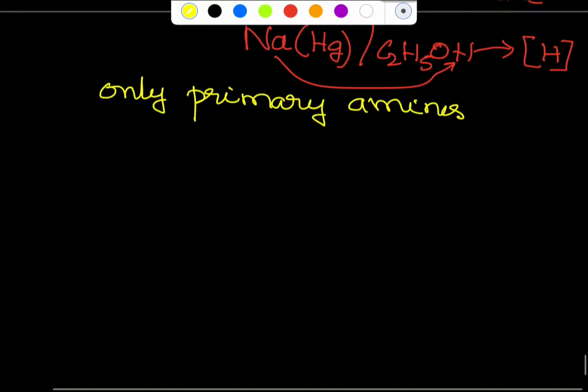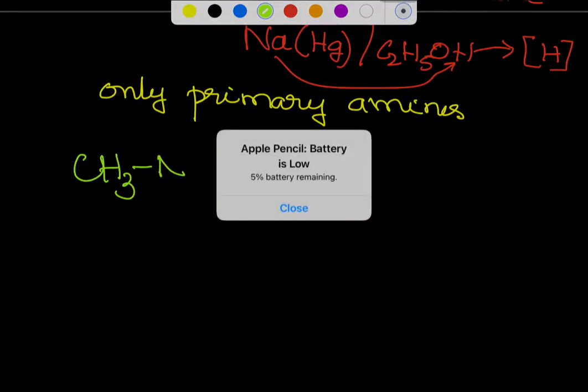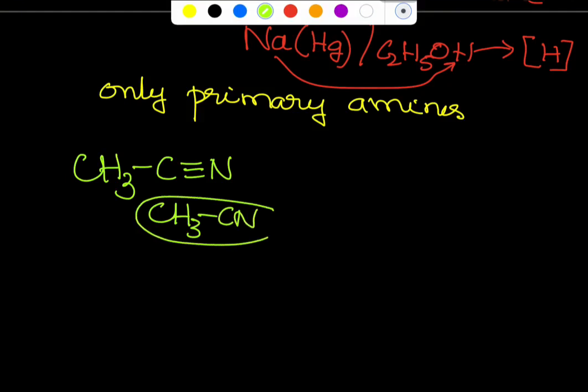Let's take one simple nitrile, CH3CN. In the textbook they'll write CH3CN, but you can also write it as C triple bond N separately.